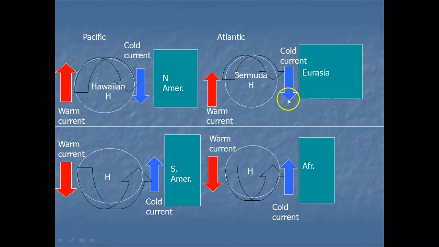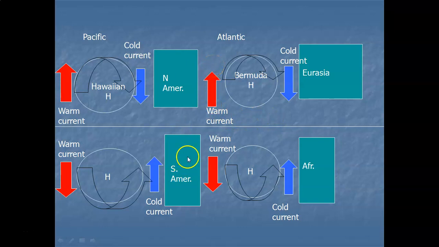And in the Atlantic Ocean, we've got our Bermuda High. That's our subtropical high. And again, we've got a cold current moving along the west coast of Europe, and it's called the cold Canary current. And then we've got our warm ocean current, and you should be familiar with the name of this one that moves along the east coast of the United States. It's called the warm Gulf Stream.